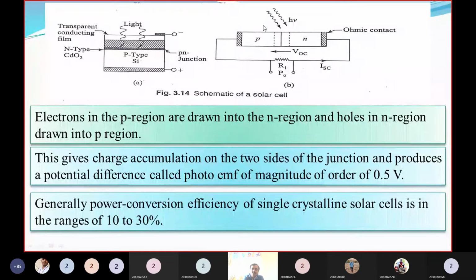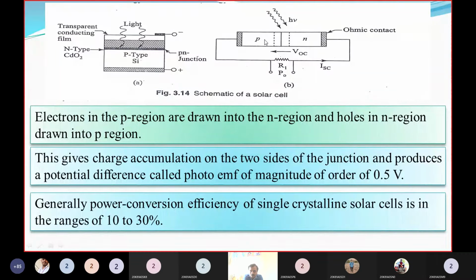Whenever light is incident on it, electron hole pairs will be generated. Already there is a depletion layer in the PN junction diode. Suppose light is incident on the P region, bonds break and electron hole pairs are generated.